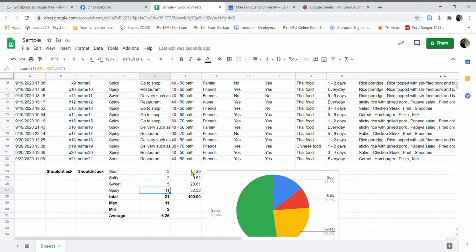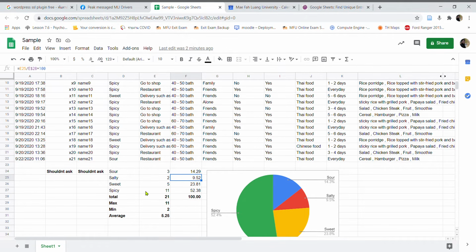Then I can calculate the percentage. I take this one divided by total and multiply by 100. You can also find the maximum: 11 is the maximum, the minimum is 2, and the average is 5.25.